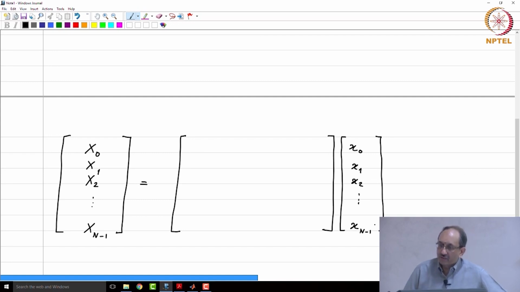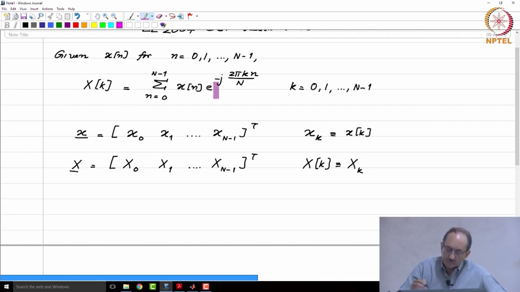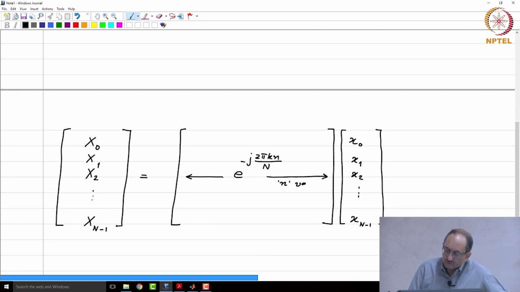For a given k, you are going to vary little n as given in this summation. To capture that, you can write this as e to the minus j 2 pi k n by N. Along this dimension you are going to vary little n.